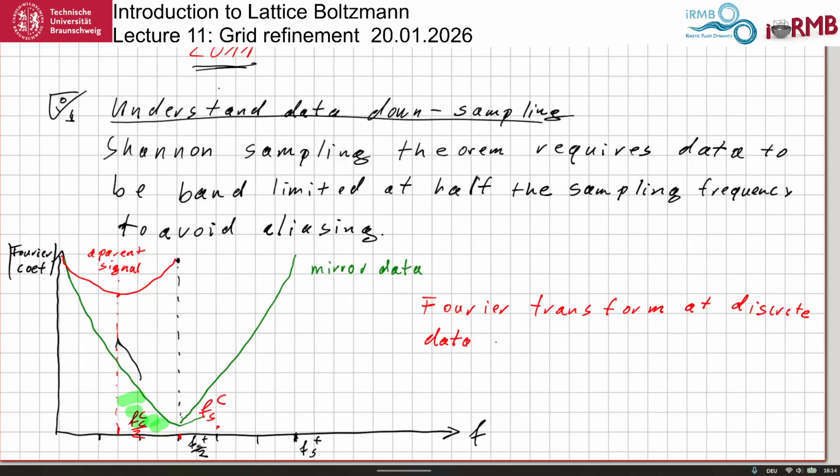Now this is what we mean by sampling. And F, this is the sampling frequency on the fine grid.